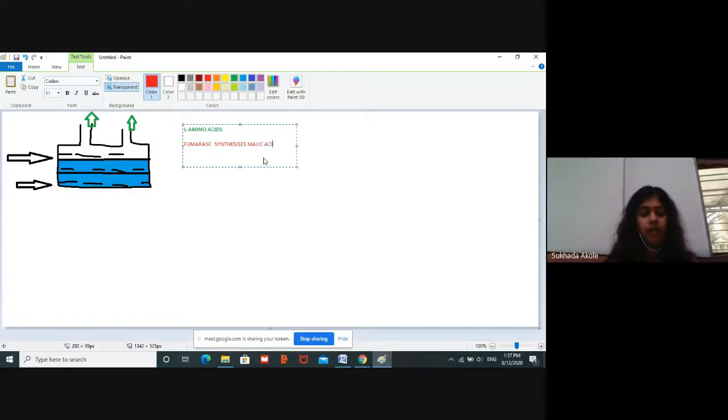Making malic acid chemically is a pretty difficult reaction because it requires a lot of steps. But converting fumaric acid to malic acid using the enzyme fumarase is pretty simple. It is a single step reaction.